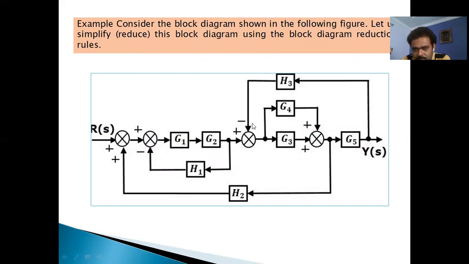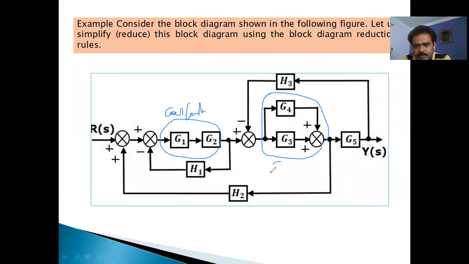If we observe up to this portion, these two are connected in cascade. So that is rule 1. And this portion, up to this, we can replace with G3 plus G4. They are connected in parallel.